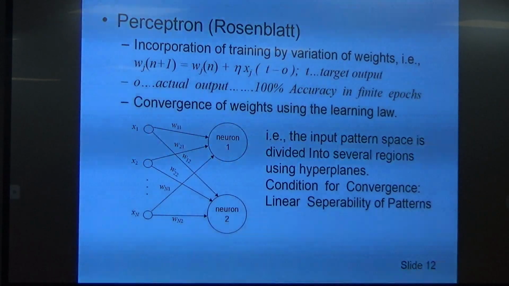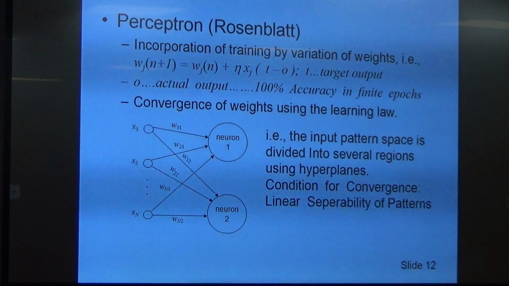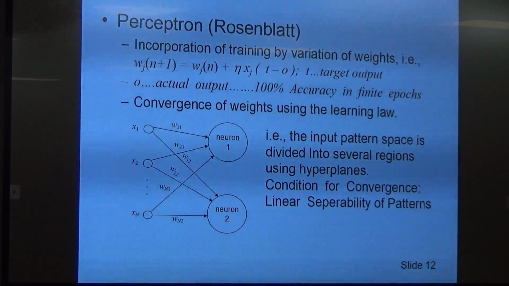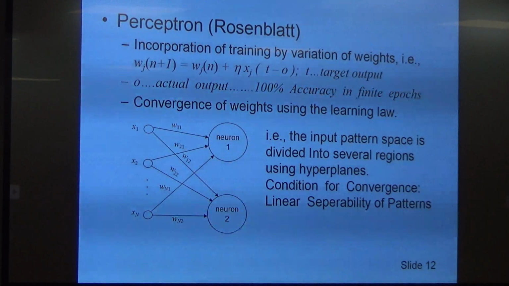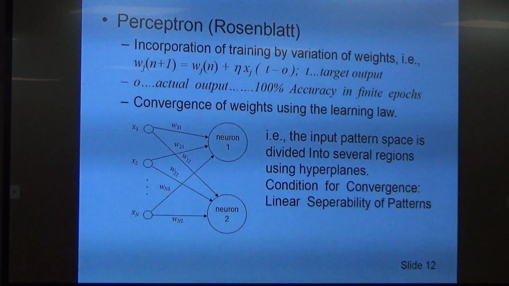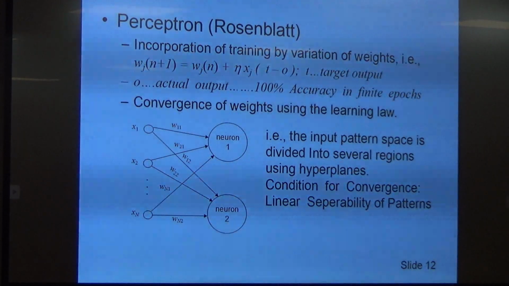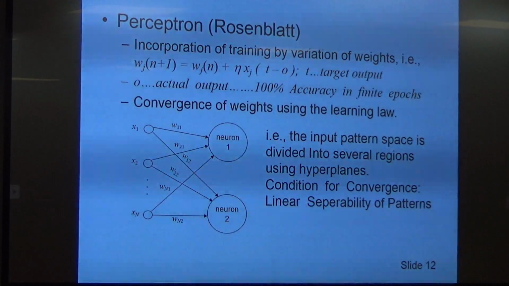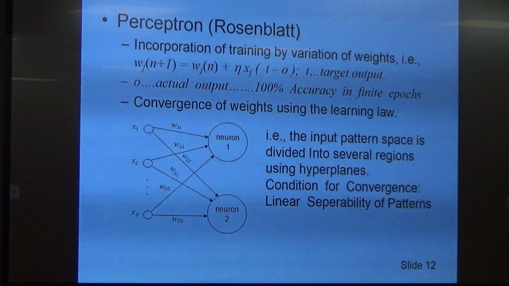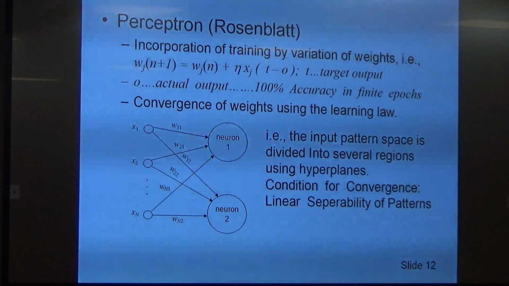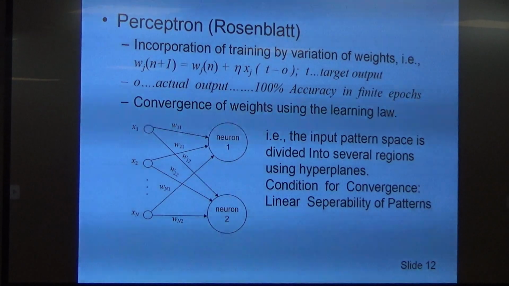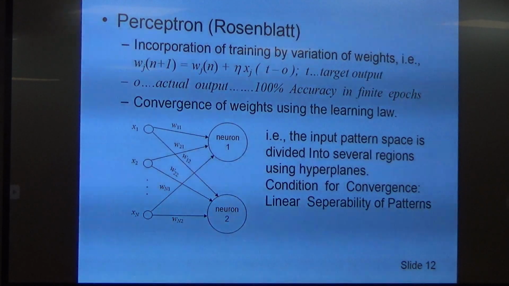So, the convergence of weights using the learning law holds true in the case of a single perceptron. Suppose the number of classes is not 2 but more than 2. The assumption is that they are linearly separable, in 2 dimensions or higher dimensions.